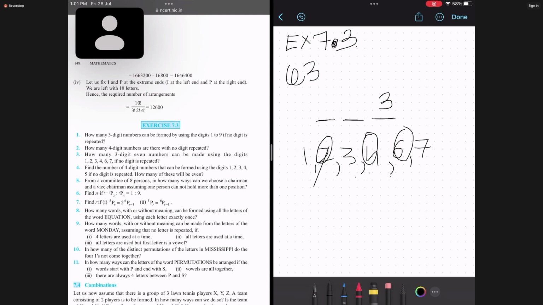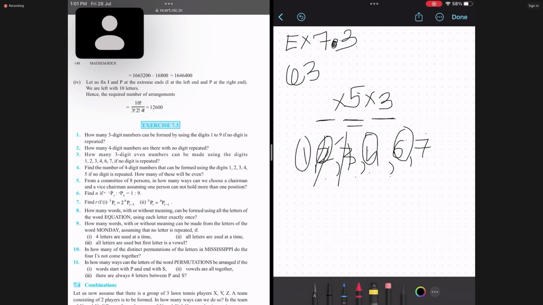Now let us see how many choices you have to fill up the tens place and the hundreds place, right? For the hundreds place, I can now use any digit, provided that I am not using the same digit, because repetition in this case is not allowed. So for the tens place, I now have 1, 2, 3, 4, and 5. So 5 choices right here. And for the hundreds place, I have used up, let's say, 2 digits. I don't have any other restrictions.